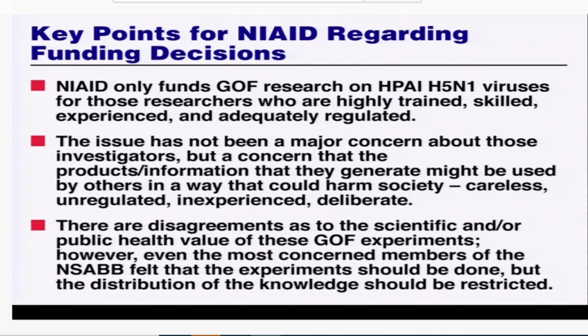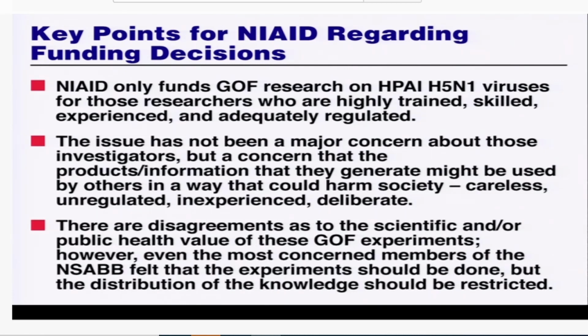NIAID, NIH, certainly CDC, only fund and conduct gain-of-function research on H5N1 highly pathogenic avian influenza viruses for researchers who are highly trained, skilled, experienced, and adequately regulated. This has not been a major concern about the investigators, certainly the ones that I just mentioned, who clearly fall into that category. That was not the concern.